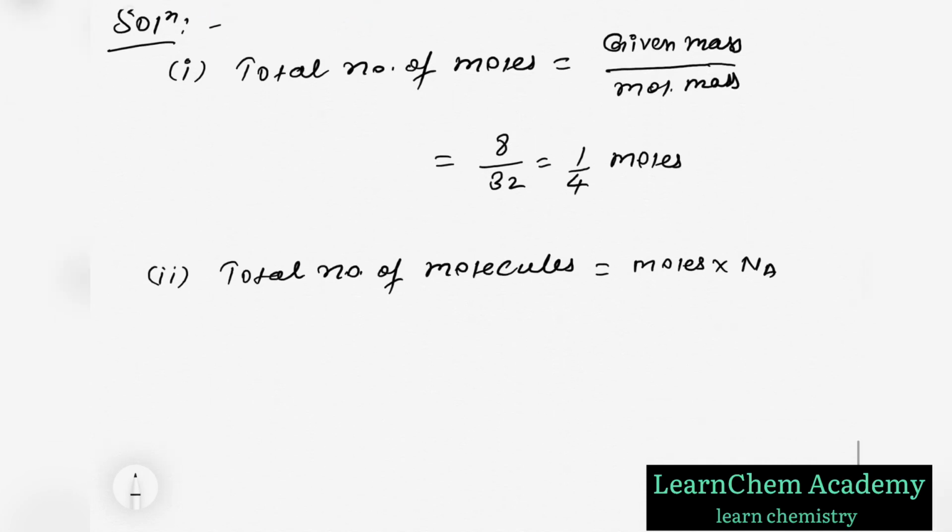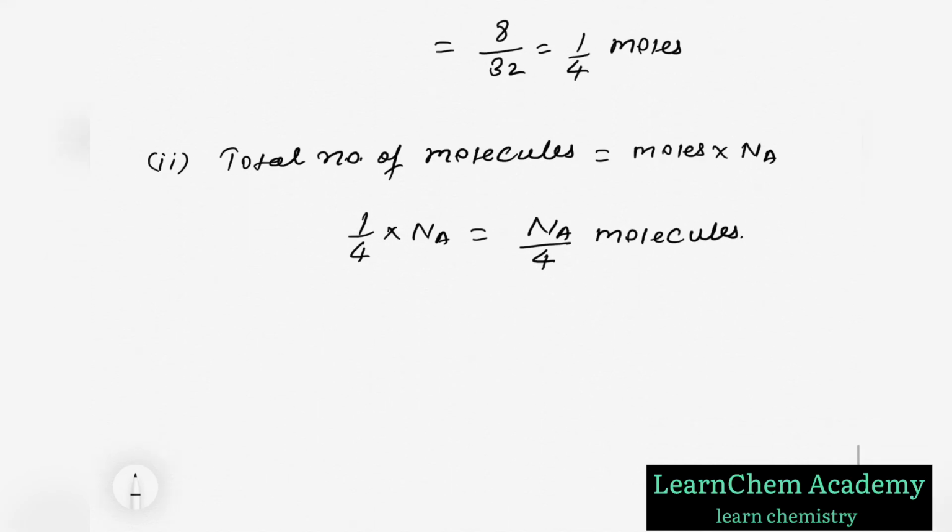Okay, so we have 1/4 moles which is multiplied by Na. So we have Na/4 molecules.